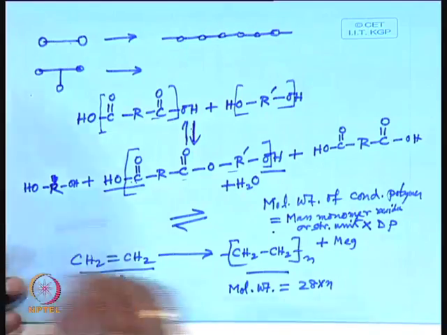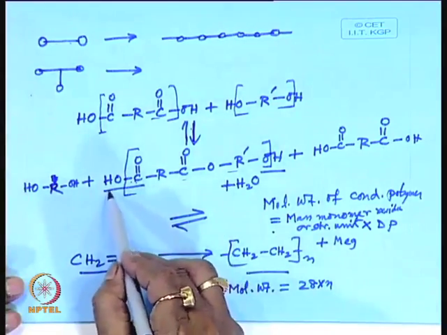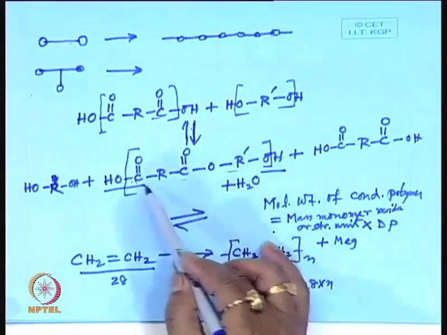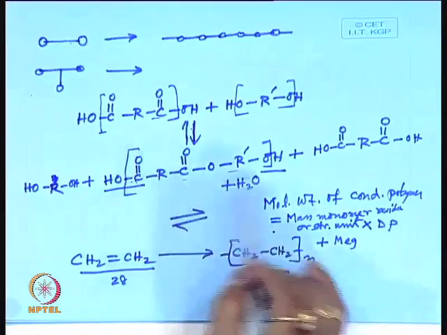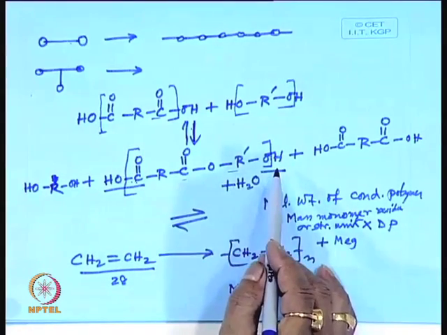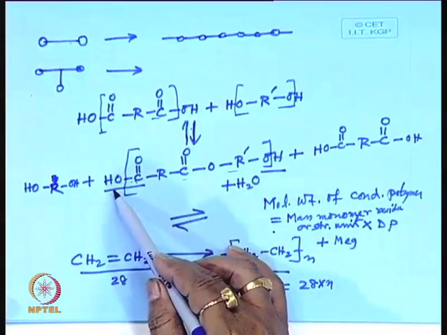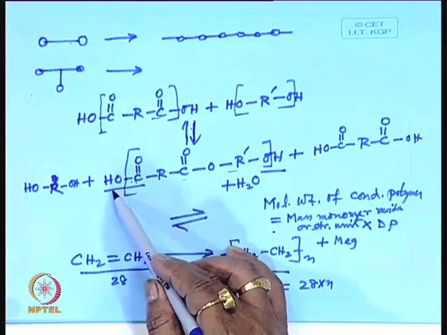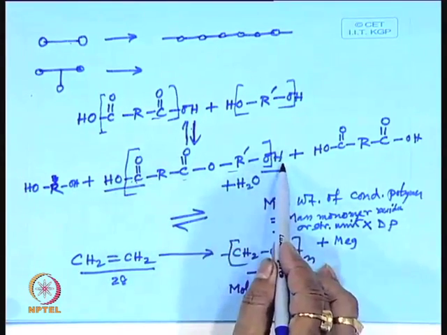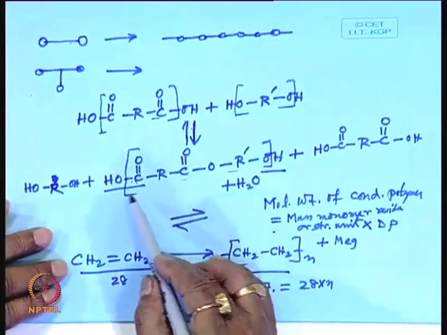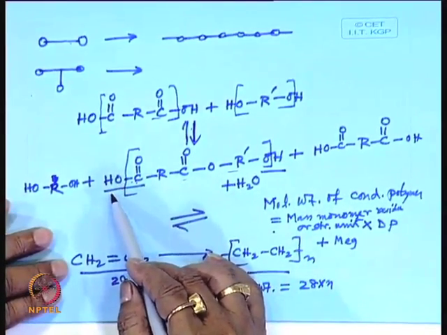What are the end groups? Because this will continue to increase, repeating this portion residue within the third bracket, and outside the bracket there will be one OH and one H. So, molecular weight of the end groups here is 18.